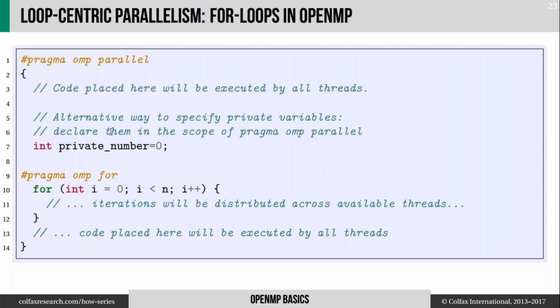So it is really elegant, the creation of parallel loops in OpenMP. And in my opinion, this is a significant advantage of OpenMP over other frameworks for threading, such as pthread, that do not have built-in constructs for loops.